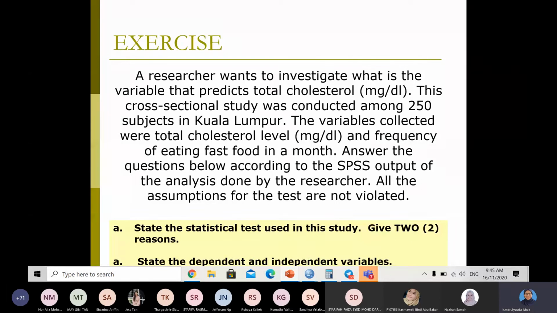Congratulations, Kasma. Other than that, do you want to give extra scheme for these answers? Morning, Doctor. Who is it? Maybe because the assumptions are not violated.